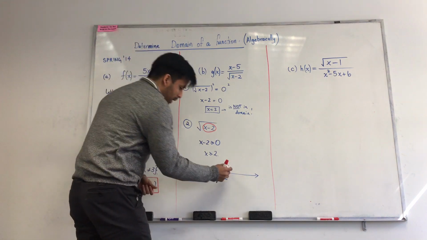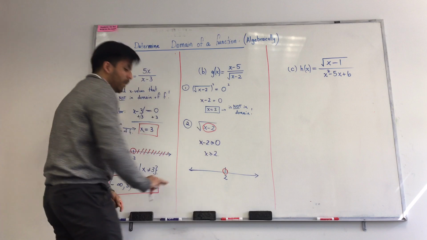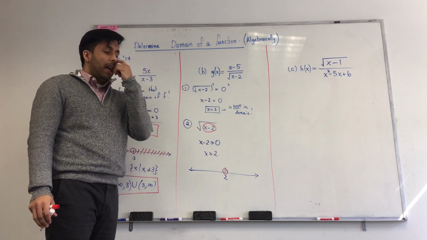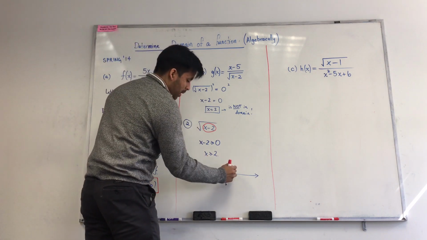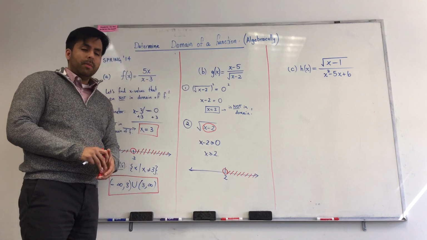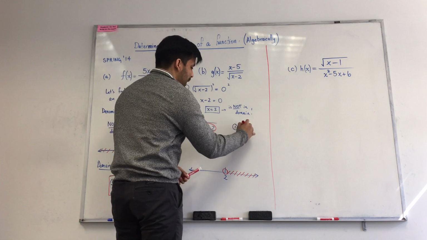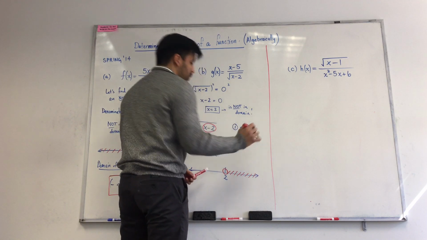So 2 is actually excluded. Everything to the left of 2 is excluded because it would make the square root negative, but everything to the right of 2 would be okay, would be in my domain. So with 1 and 2 together, I get that my x value must be greater than 2.